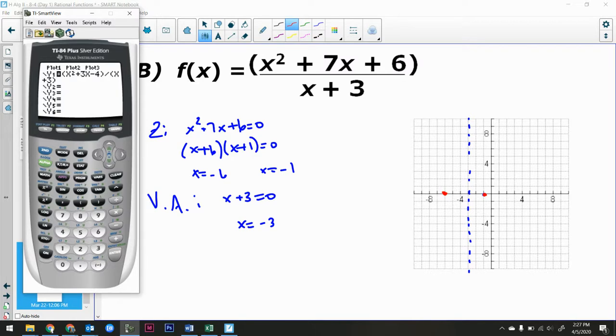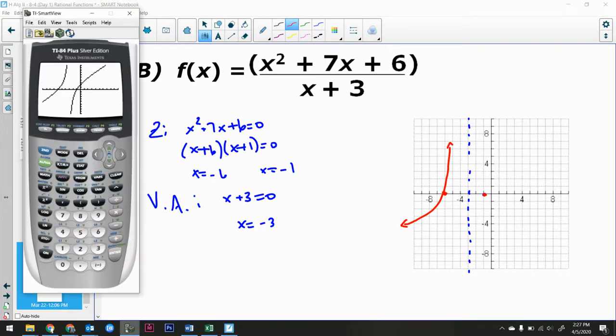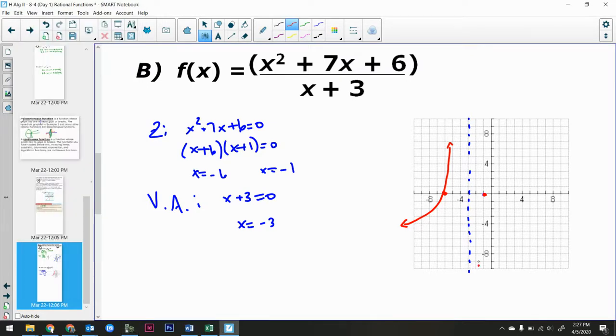So I go x squared plus 7x plus 6, then over x plus 3. So we'll graph that. Looks like it's diving up here, and then up from the bottom here, which makes sense. Okay, somewhere over there. Okay.